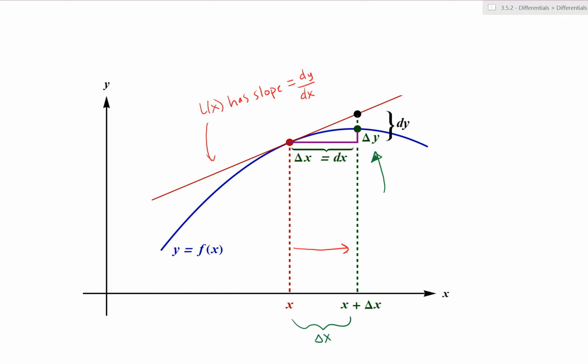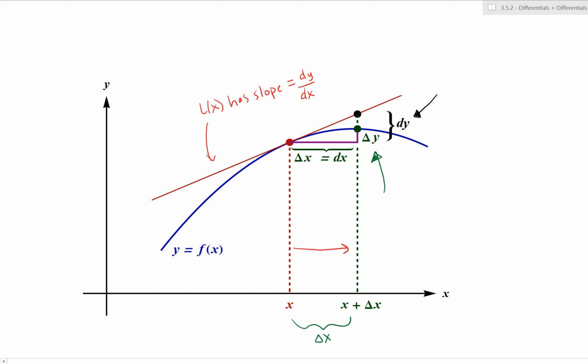Now, as I move up and down, my function is going to change by some corresponding amount. That's what we refer to as delta y here, right? That is the change in the function's value. However, in that corresponding interval of x values, my tangent line at x, L of x here, has changed by something else, right? It has changed right here by dy, whatever that change might be.